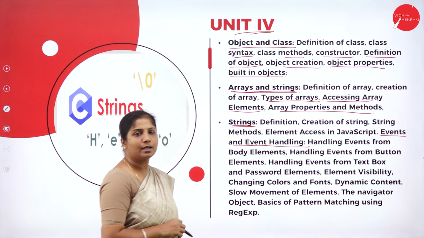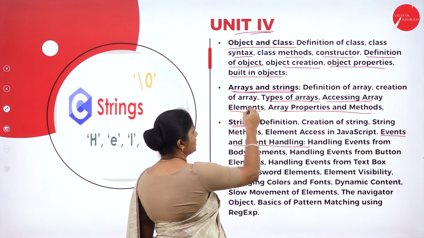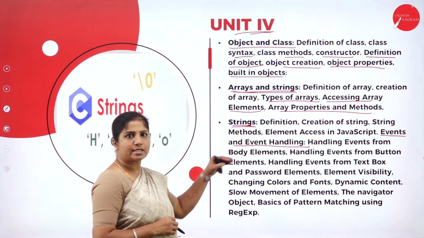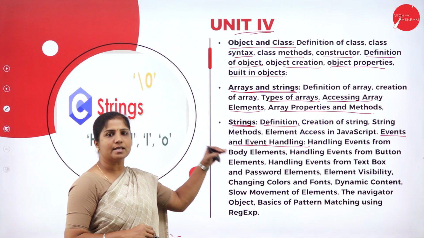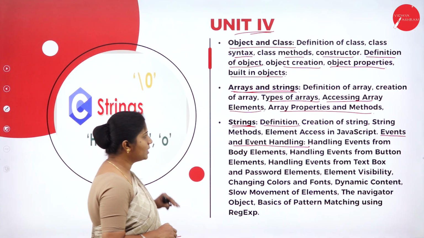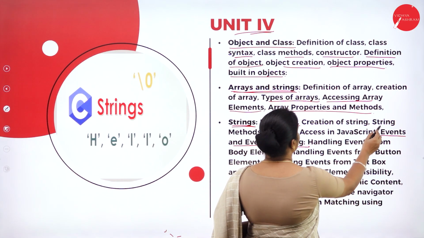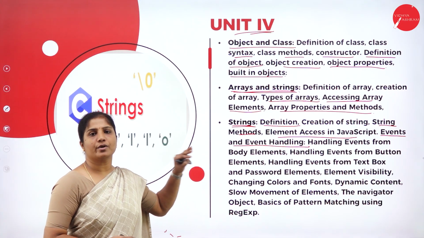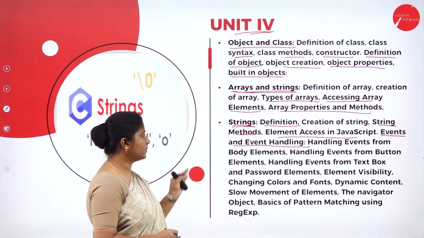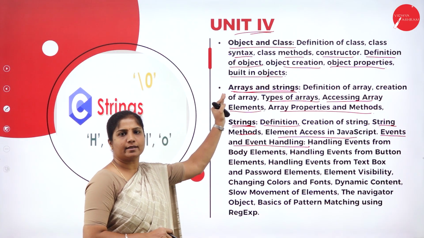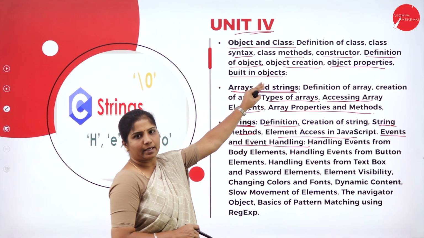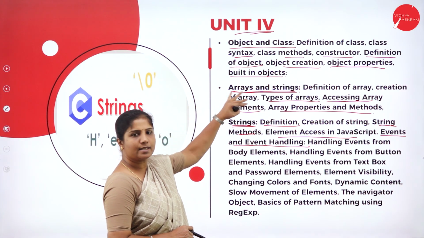These are the built-in objects, right? Arrays and strings. In strings we are going to study the definition, creation of strings, and string methods, and how we access the elements in JavaScript. So these are the things we are going to study under object and class, then arrays and strings.